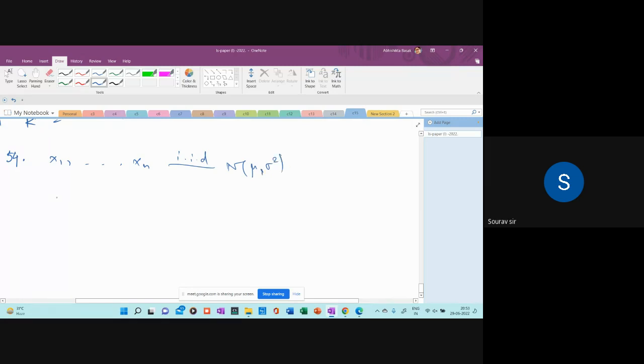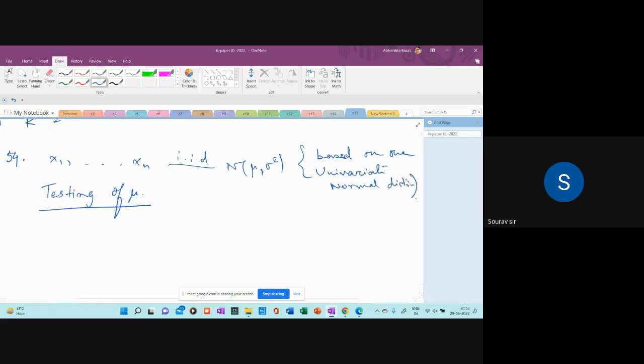Basically we will have testing of two kinds of parameter, one the testing of mean and one the testing of variance. If we go for testing of mu, this is based on one univariate normal distribution.